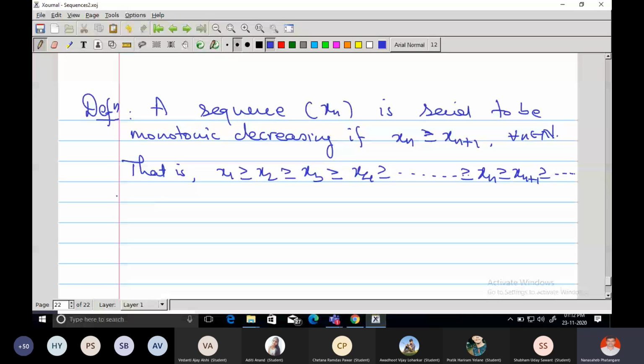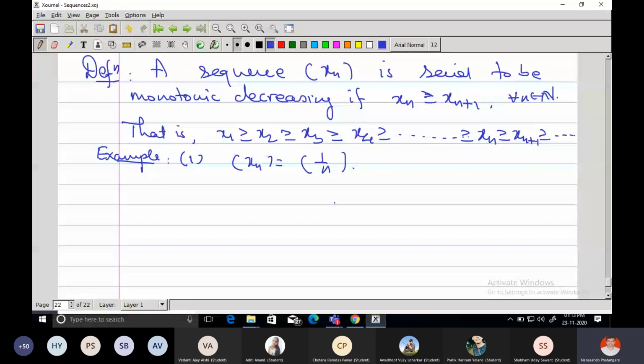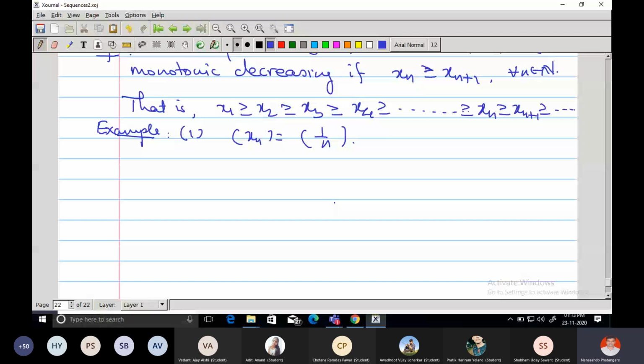So for example, if you look at xn equal to 1 by n, what can you say about this sequence? What is the first term? What is the second term? What is the third term? What is the nth term? What is the n plus first term and so on. So what is the first term? 1. What is the second term? 1 by 2. Right, 1 by 3 and so on. What is the nth term? 1 by n. The n plus first term is 1 by n plus 1. If we compare, 1 is greater than or equal to half.